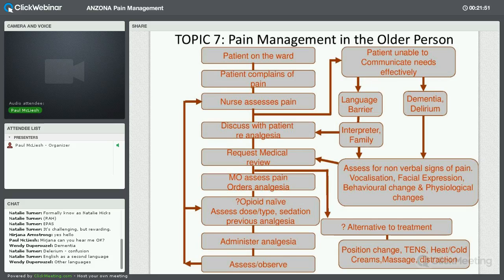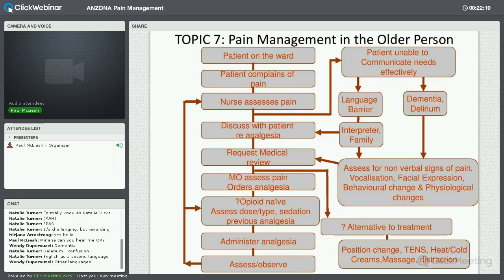They might order some analgesia, depending on the age of the patient. If they have had a history of any sort of other long-term opioid use, then that may change the dosage and the frequency, etc. But generally, they'll assess the dose and type of analgesia to provide, consider the sedation level of the patient and what sort of previous analgesia they've had.